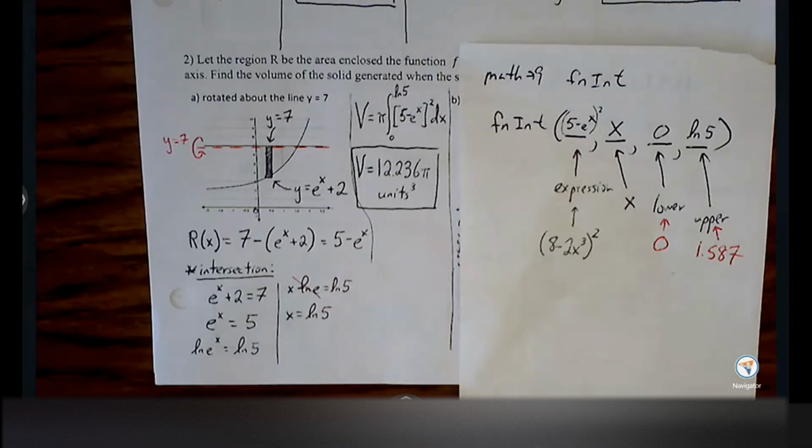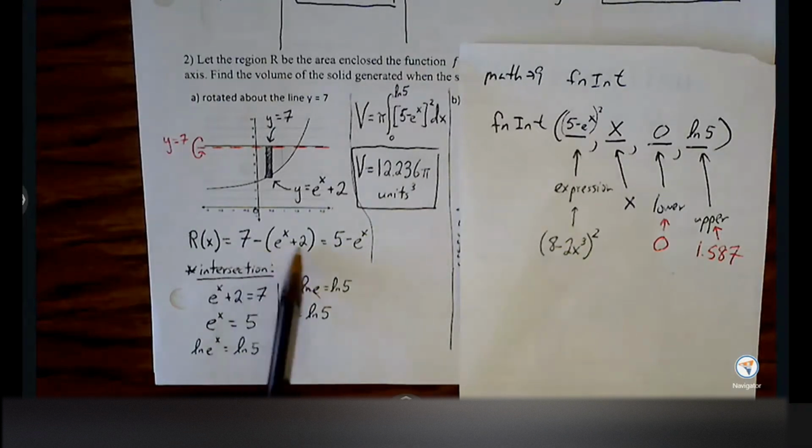Parentheses. Yeah, parentheses. So if you don't have parentheses there, you may get caught not distributing the negative through, and some of you may have 9 minus e to the x instead of 5 minus e to the x. All right, so having the parentheses around either your bottom function or your function for your left, if you're doing right minus left, is going to be a good reminder.